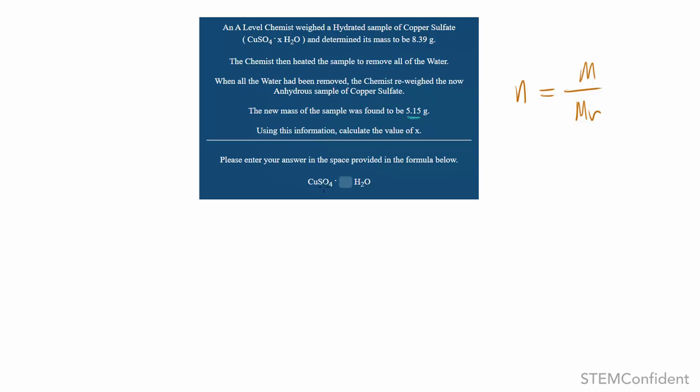So for CuSO₄, the number of moles n is going to be the mass m, 5.15, divided by the molar mass Mr.